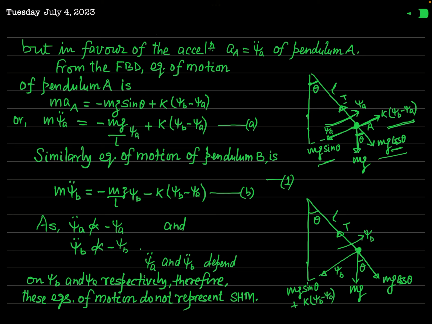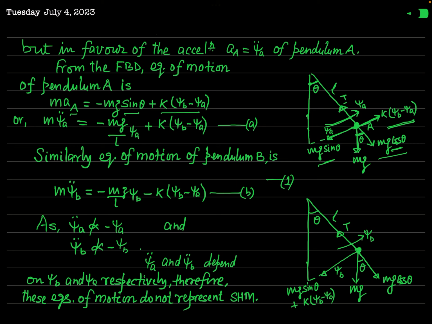If aA is the acceleration of the bob, then according to Newton's second law of motion, the net force acting on this bob in the direction of its displacement, which is minus mg sin theta plus k times psi b minus psi a, will be equal to mass into acceleration. m is the mass and aA I have assumed is the acceleration.